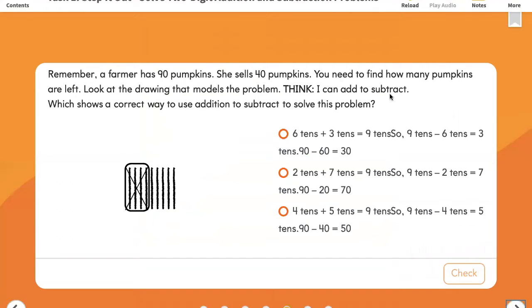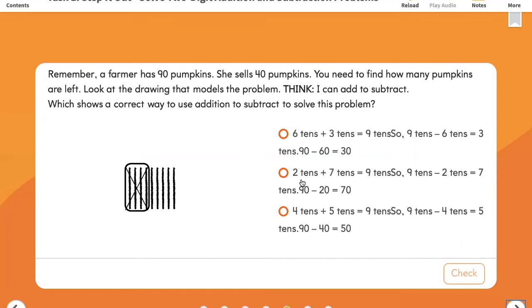You need to find how many pumpkins are left. Look at the drawing that models the problem. Think, I can add to subtract. Which shows a correct way to use addition to subtract to solve this problem? Our first option is 6 tens plus 3 tens equals 9 tens. So 9 tens minus 6 tens equals 3 tens, which is the same as 90 minus 60 equals 30.